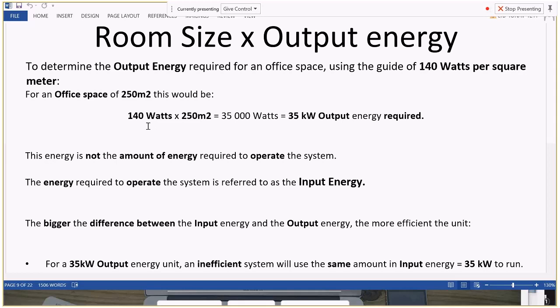So that's a 7 kilowatt split system to provide cooling for this room. Now that's quite a small system, but it's quite a small room. And so then we go down to the shop and say, I've got this room I want to buy a split system for, I need a 7 kilowatt split system. That's how it's done.